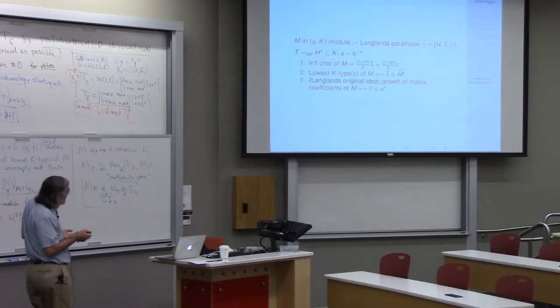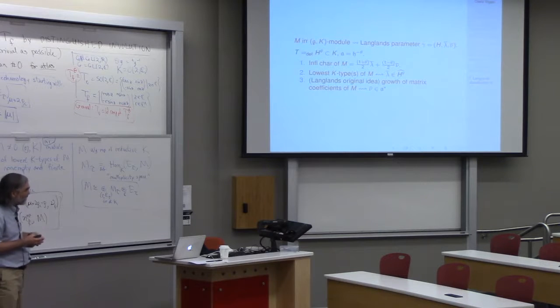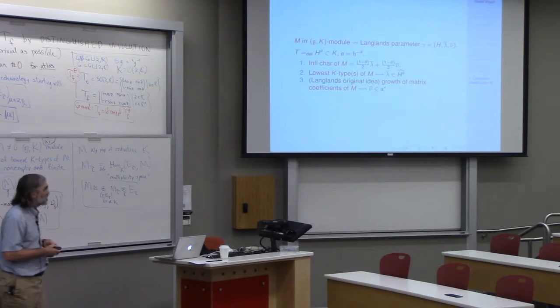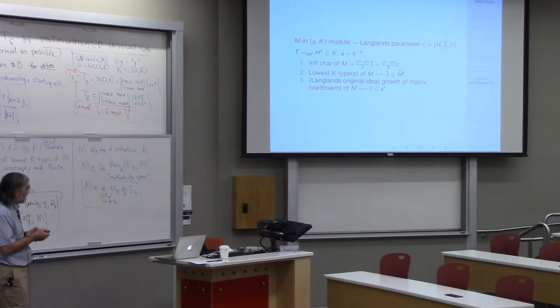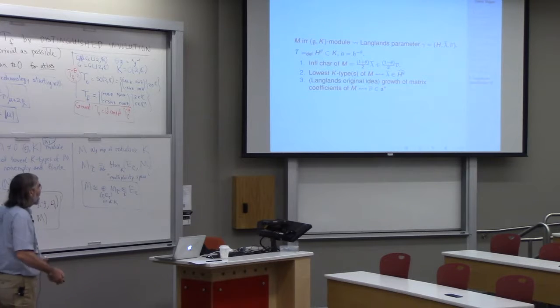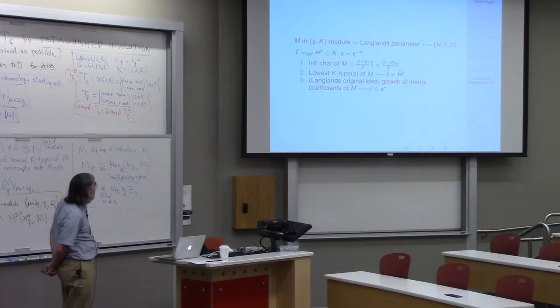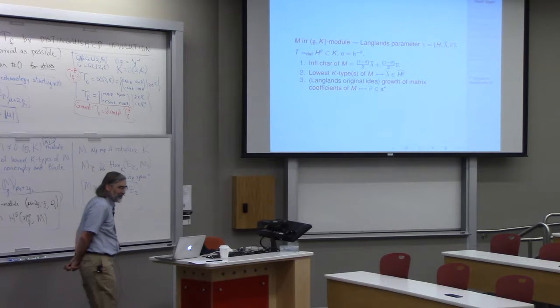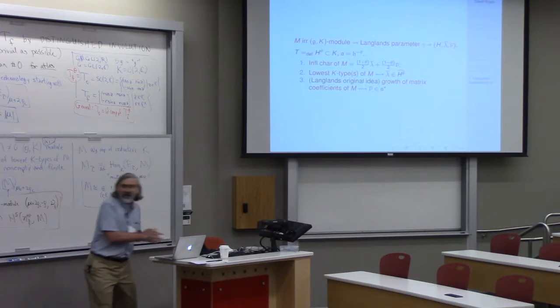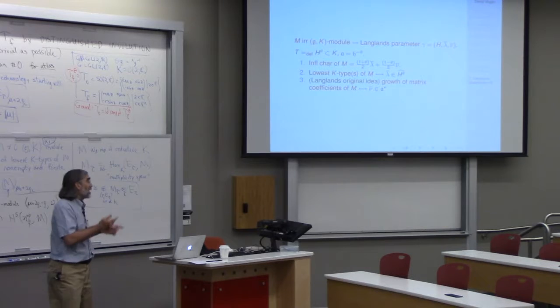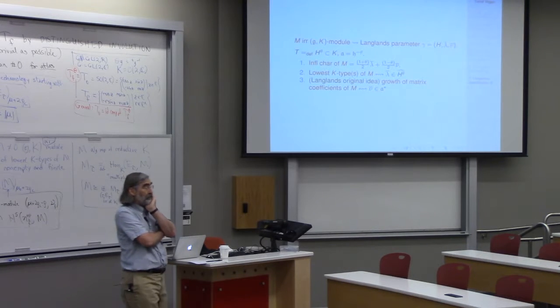Langlands looked very carefully at how matrix coefficients went to infinity, and that's how he extracted this nu bar. That's what nu bar is telling you. And that's as far as I got on the slides. So, yes?